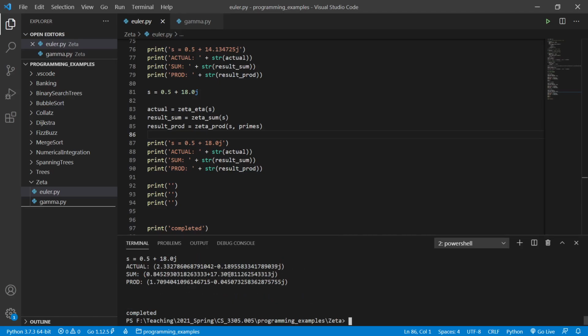So we did 18 again. You can see there's a little bit of error, but it's pretty close. It's close enough to think that it's ridiculous to say that it's undefined in that region.